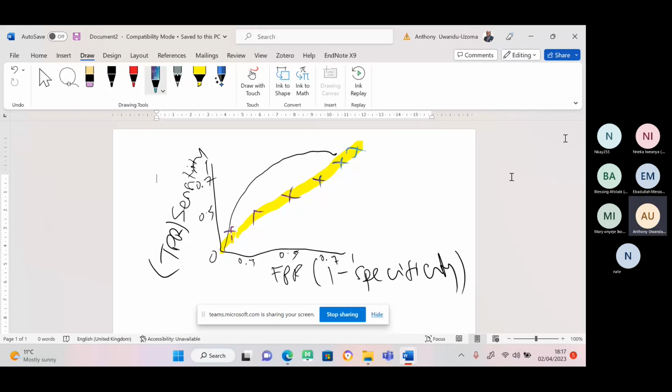And the ROC value along this straight line is 0.5.